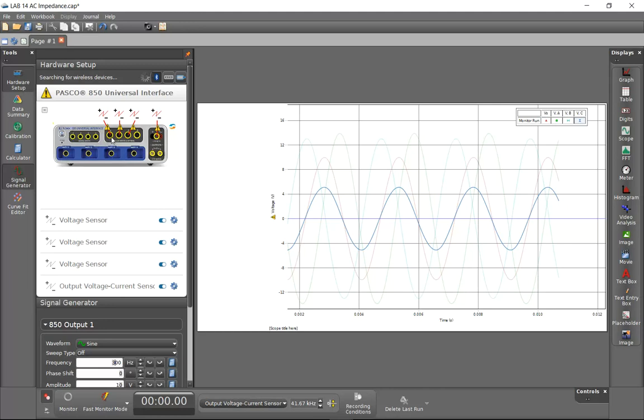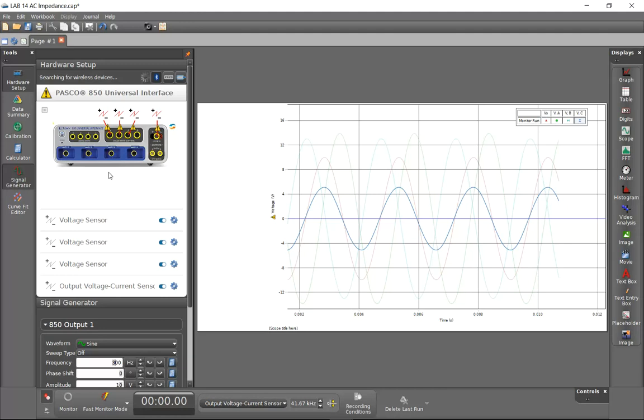Okay, maybe we won't show you. Come on, baby. Come on. As long as it has that yellow triangle, it's not going to measure any data.